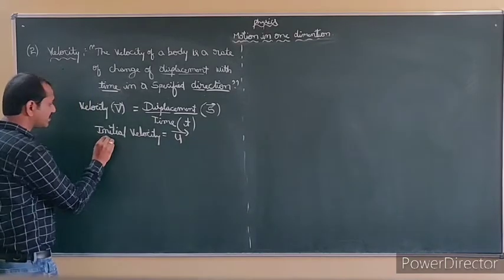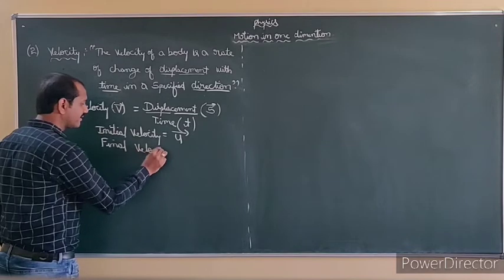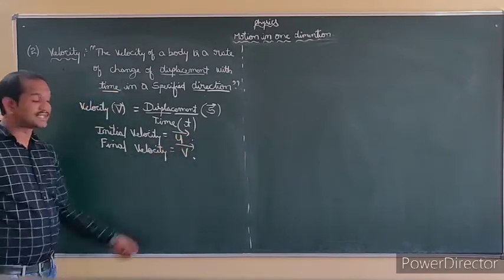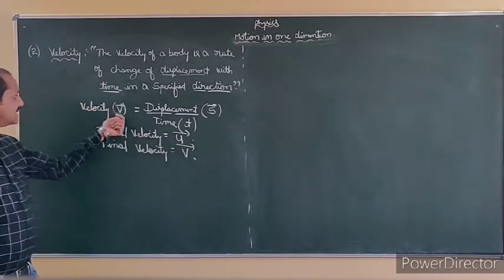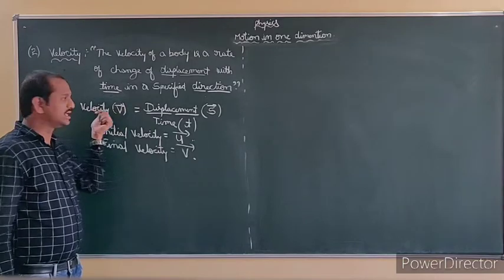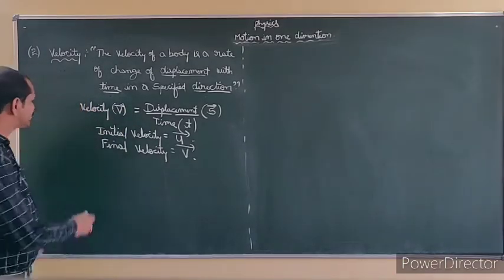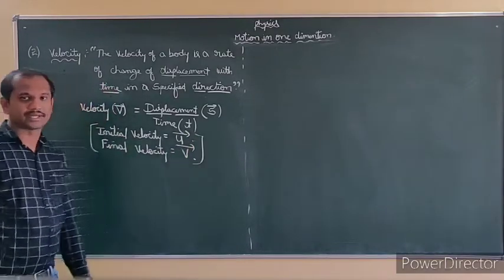Then what about the final velocity? For the final velocity, we consider V with an arrow mark. Understood? This we take in the case of numericals. That's the velocity. If we just write V, it becomes speed. Did you understand? We take both in numericals.